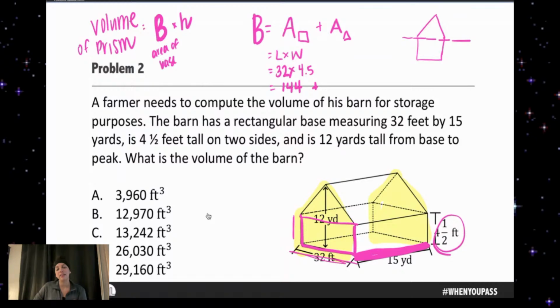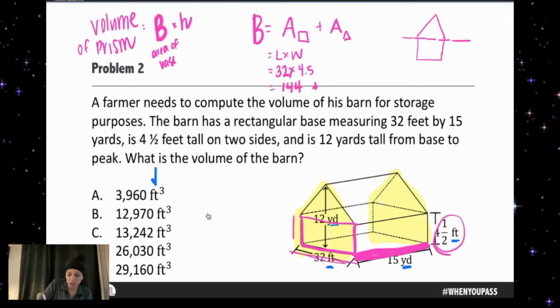Now I need to add that to the area of my triangle, but I just realized in this process that I have feet and I have yards. Problem! I need to convert my yards into feet. Why not convert my feet into yards?